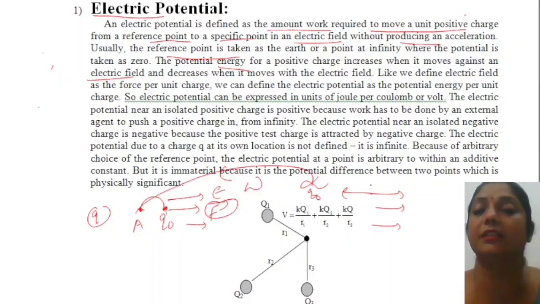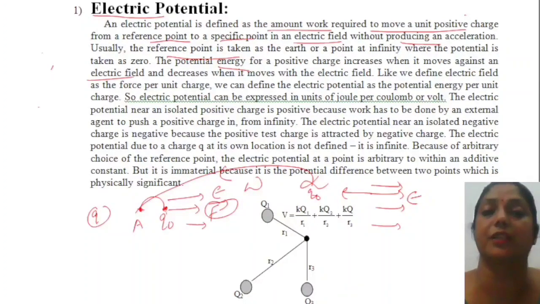And if the charge is moving in the direction of the electric field, its potential energy decreases. This is valid for a positive charge, right? So the potential energy for a positive charge increases when it moves against an electric field and decreases when it moves in the direction of the electric field, right?